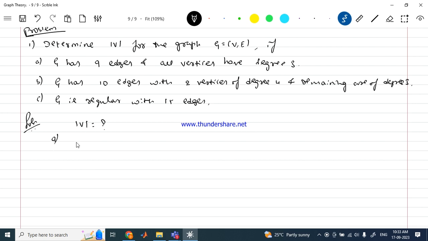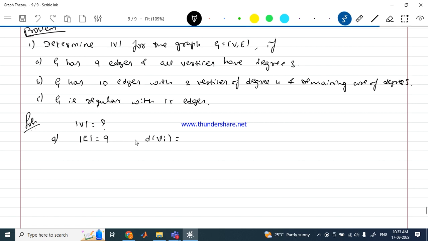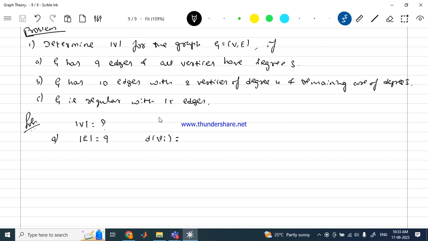So they are saying that we have the number of edges equal to 9 and all vertices of degree 3. So degree of Vi is equal to 3 for i lying between 1 and n.